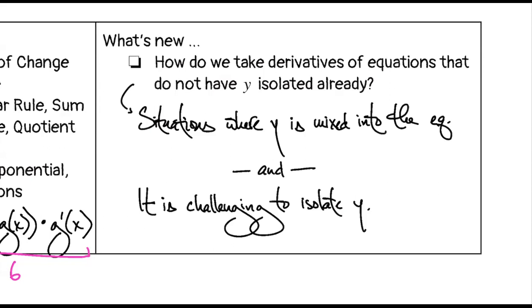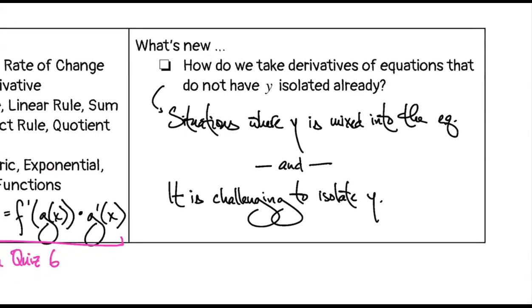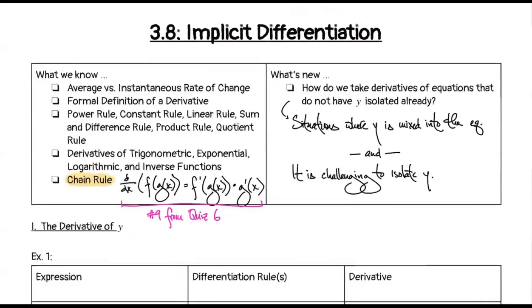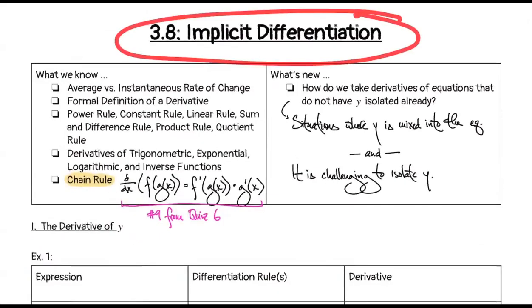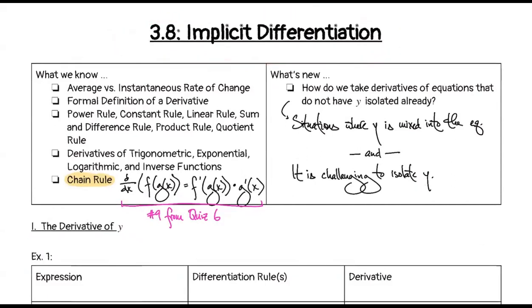Okay, so implicit differentiation, that's our topic for today. 2 clues for you is you're gonna look at an equation, x's and y's are gonna be all mixed up together, and it's gonna be really hard to get y by itself, okay? So if you see those 2 things, you should be thinking, that's gonna be section 3.8, implicit differentiation, okay?